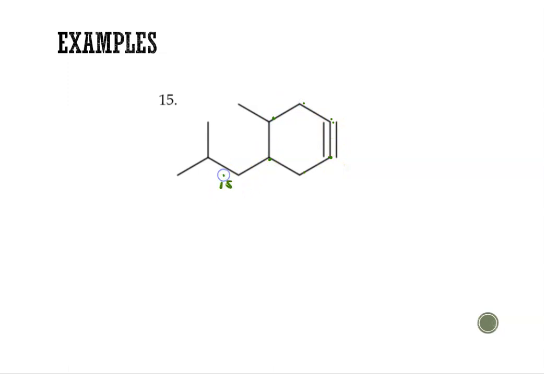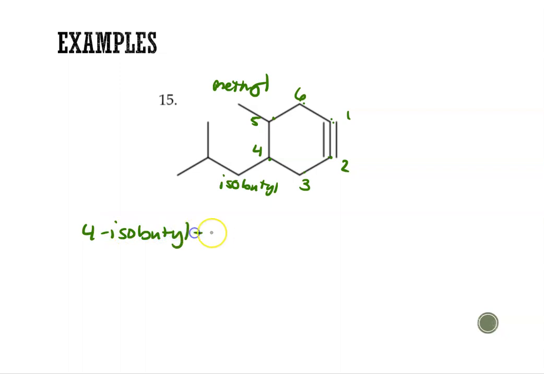Here we have an isobutyl group, and here we have a methyl group. So isobutyl takes precedence. So this will be 1, 2, 3, 4, 5, 6. So I will do 4-isobutyl-5-methylcyclohexyne.